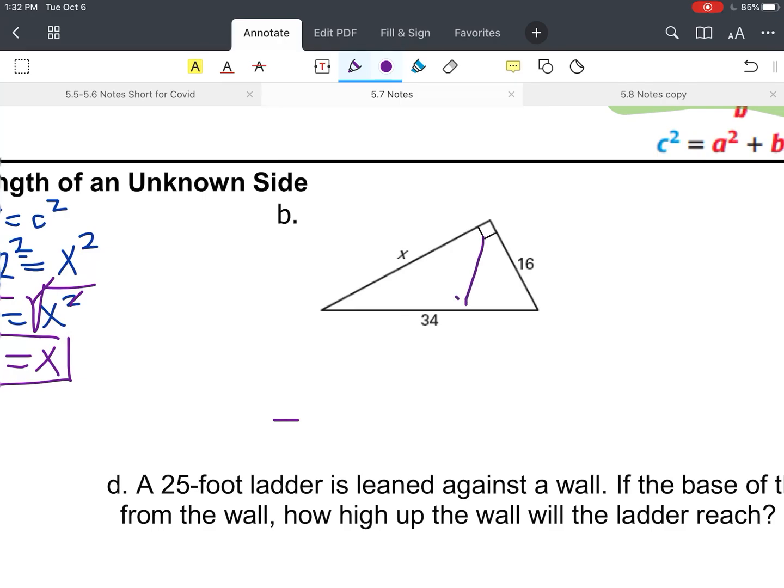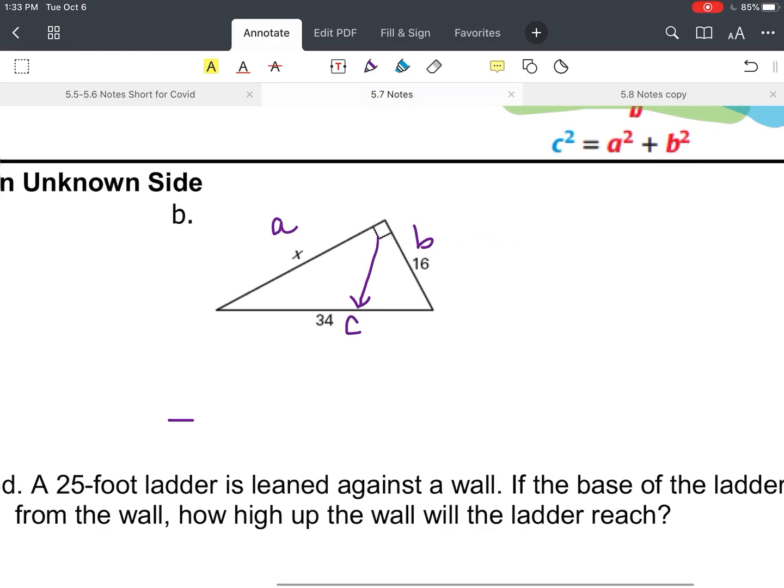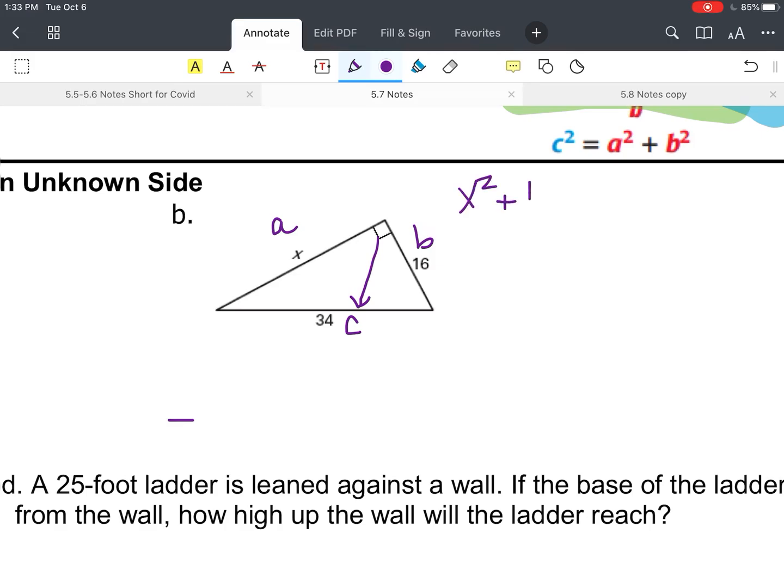So going over to letter B, again, I like to label my hypotenuse first. Opposite 90 is 34, so that will be your c. It doesn't matter which side you want to call a or b. I'll call x a and 16 b. Those are both my legs. So using Pythagorean theorem, we could say x squared plus 16 squared equals 34 squared.